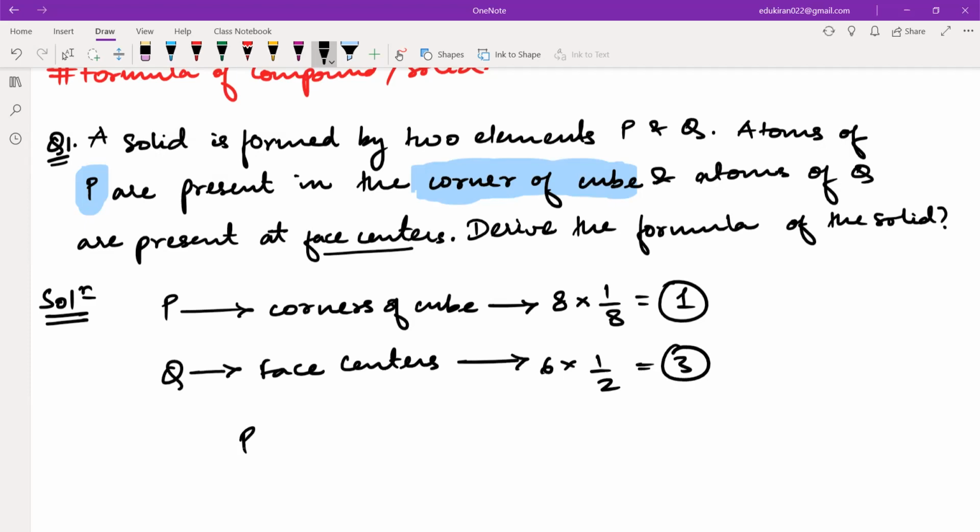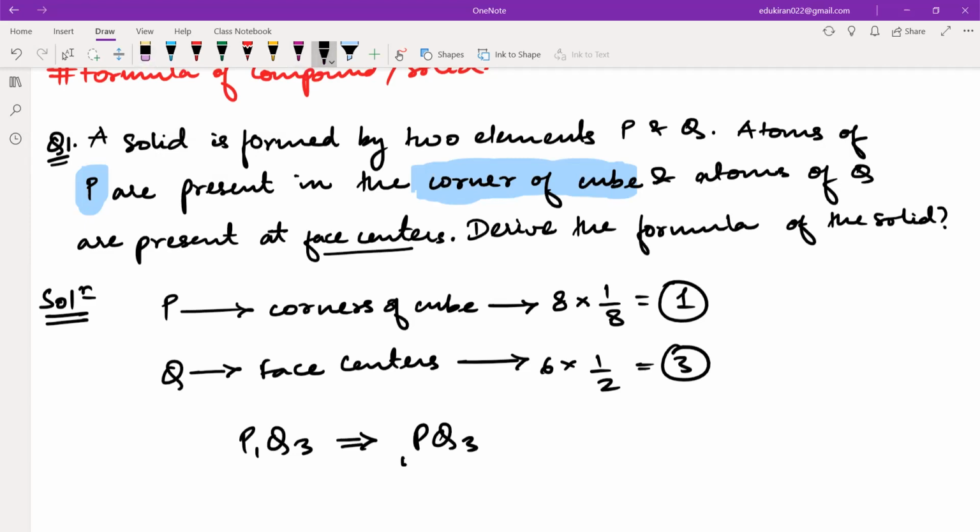No, we are not talking about Z here. So face centers is Q, and then you will write Q as 3, and then you can write it as PQ3. Because you know that we don't write Na1 and Cl1, right? So 1 is not written in the formula. So the formula will be PQ3.